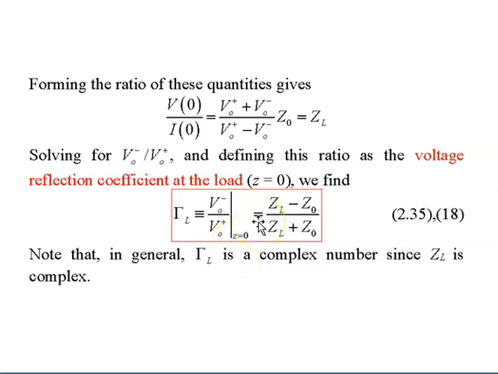The reflection coefficient is equal to (ZL minus Z0) over (ZL plus Z0). Please remember this equation. We are going to use it a lot later on in the course. Note that in general, the reflection coefficient at the load is a complex number because ZL is complex.